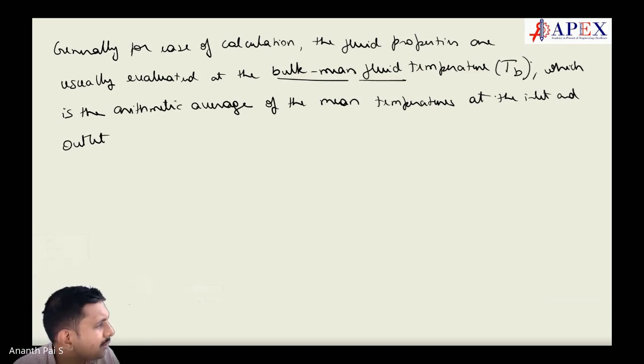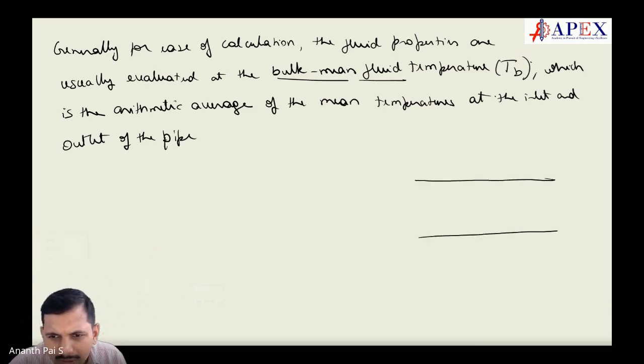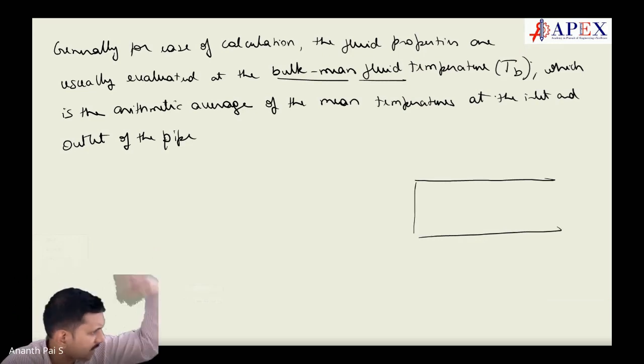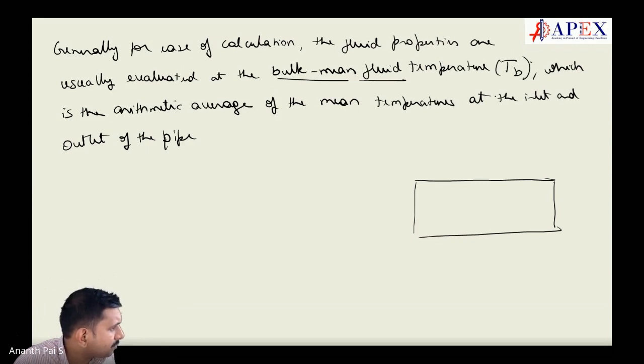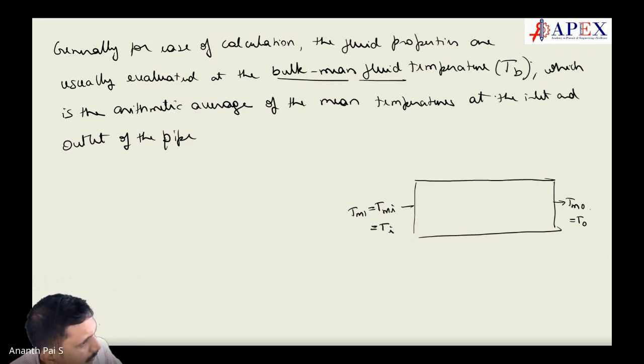Because temperature does not remain the same along the pipe. If I do everything, T mean varies, is it not? Heat transfer is happening, so T mean is different over here. Let me say this is T mean at inlet, Ti, and this is T mean at outlet, To.